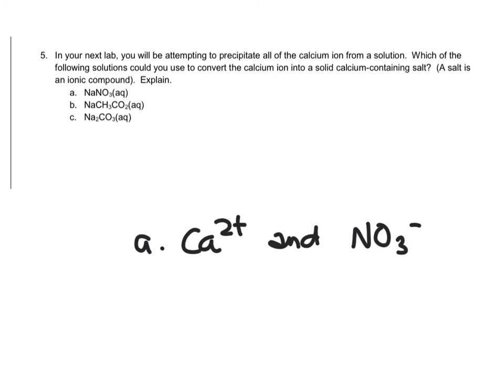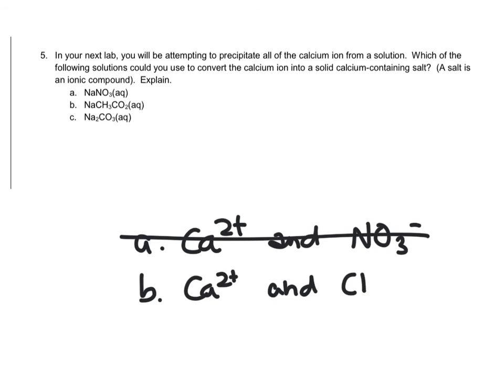Okay, aqueous. Nitrates are always aqueous or soluble. So that's not going to work. B, our calcium ion would be reacting with what? Okay, so the acetate. And do acetates tend to be aqueous or solid? They are also aqueous, so that's not going to help us to precipitate the calcium.